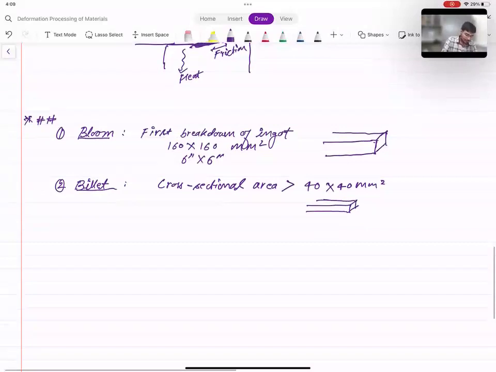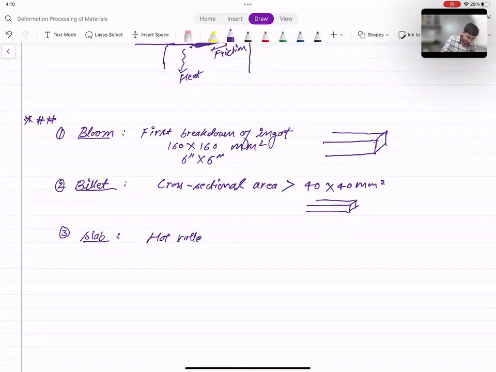Next one is slab. So slab is nothing but hot rolled ingot.